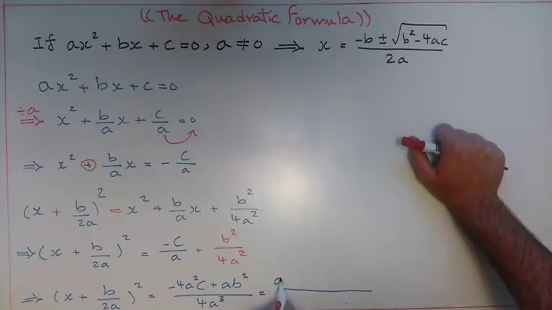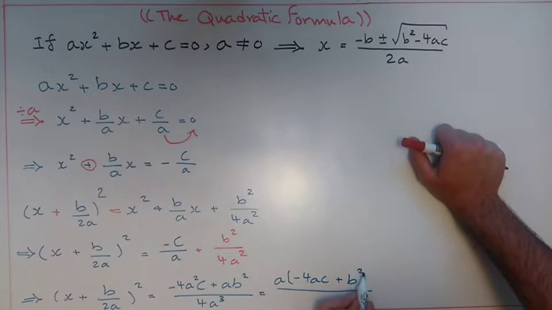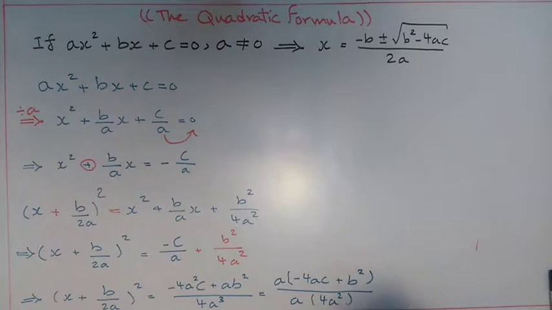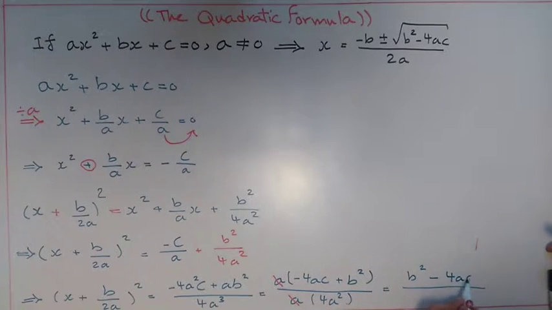It gives me a times the bracket negative 4ac plus b squared, over a times 4a squared. Now I can cancel the a's out. So I'll have b squared minus 4ac over 4 times a squared.